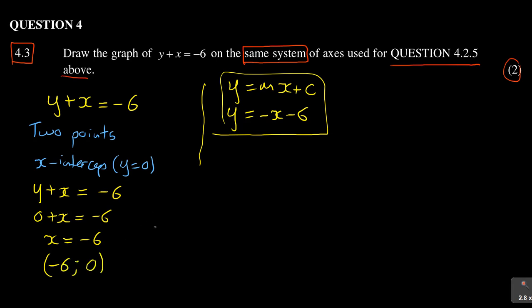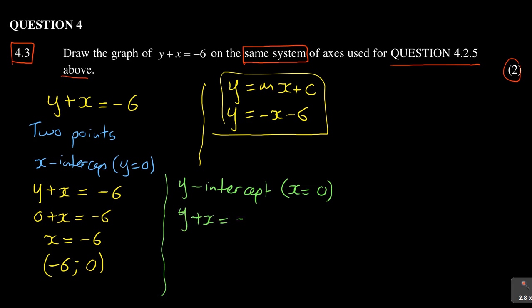The second point that you're going to have is the point of the y-intercept, just like they were asking us in that part. So the y-intercept, and remember here x is equal to 0. So you have got your y plus x is equal to minus 6.